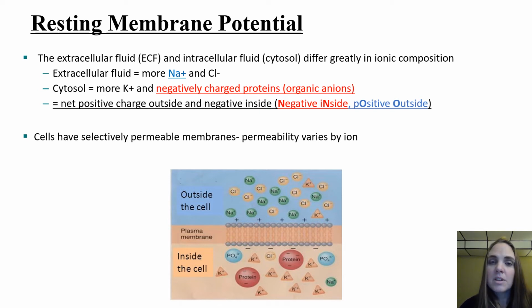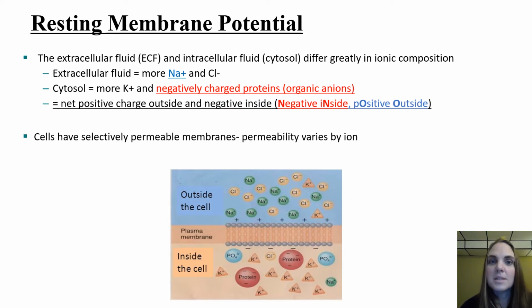And sodium, conversely, we have more sodium outside the cell, so it's going to be driven inside the cell thanks to that concentration gradient. The membrane is more permeable to potassium, so more potassium is able to leave than sodium is able to enter. And these ions are entering or leaving via passive leak channels in the membrane.